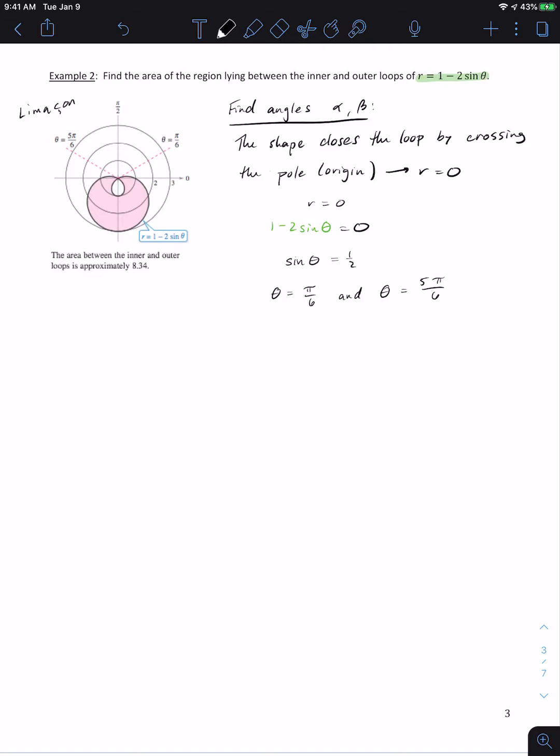And so I don't have to do anything special for this hole, because that hole is accounted for because of the shape of r. As long as I'm starting at the correct theta, which we found to be pi over 6, and ending at the other correct theta, it works.